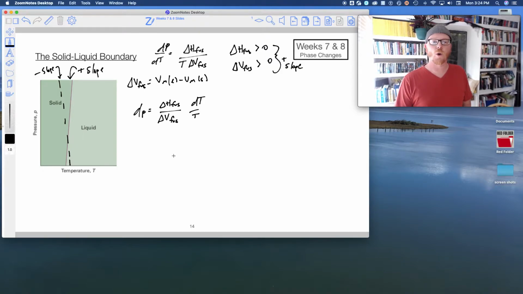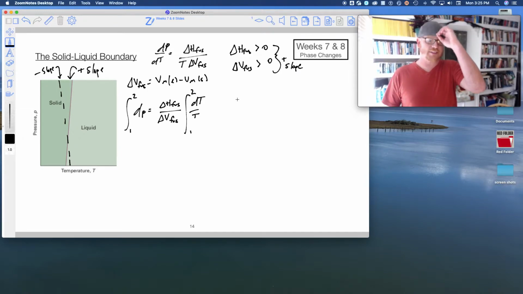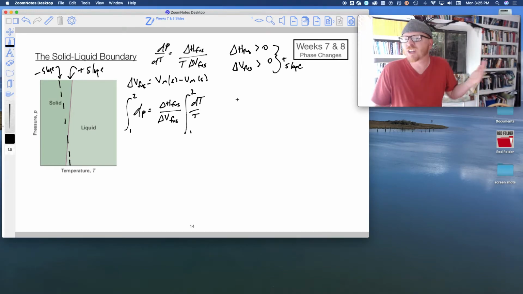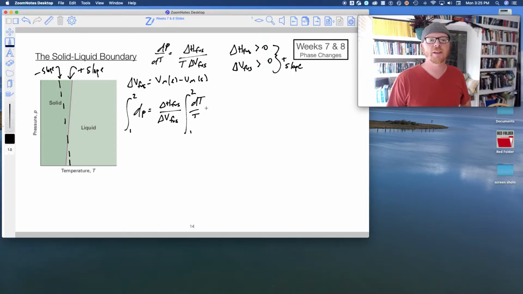And so we're going to integrate both sides from condition 1 to condition 2. We're not going to make it final to initial; we're going to make it 1 and 2, and that's done by convention. We could say final and initial, but typically in phase equilibria, the 1 and the 2 is used instead of final and initial.